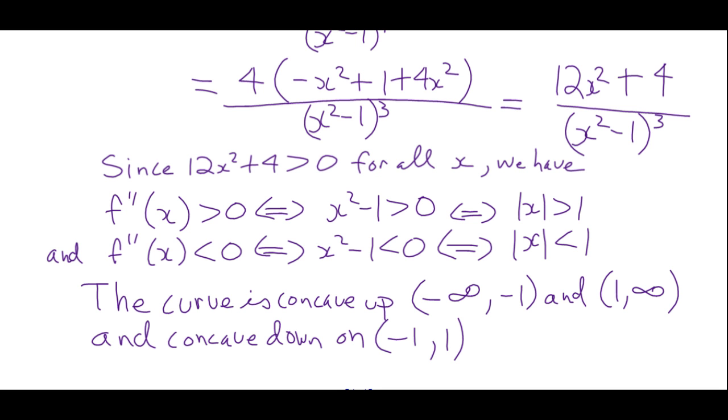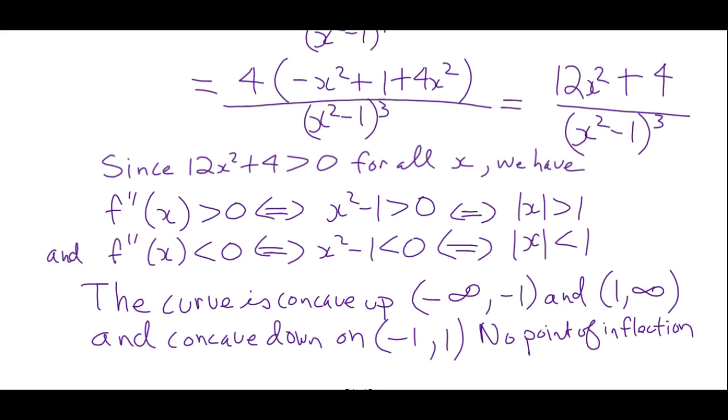There's no point of inflection because you can't make this 0. Right? So no point of inflection. Normally you'd say, oh, hey, you got a point of inflection here because you're changing concave up to concave down, right? But we don't because we're not defined at negative 1.